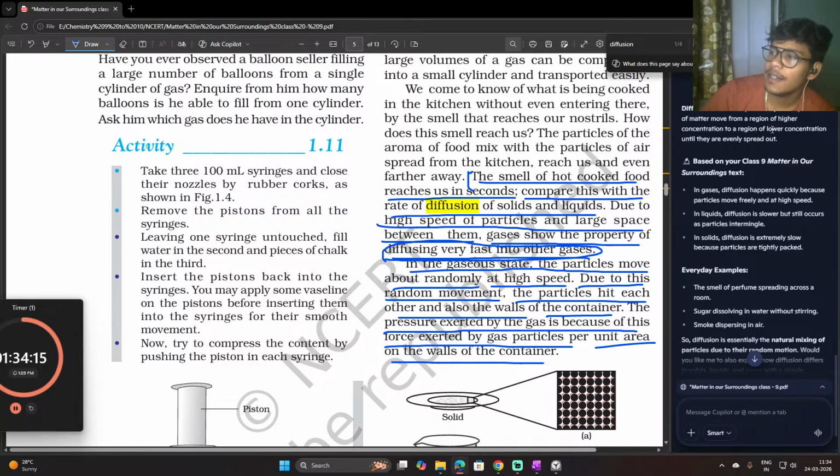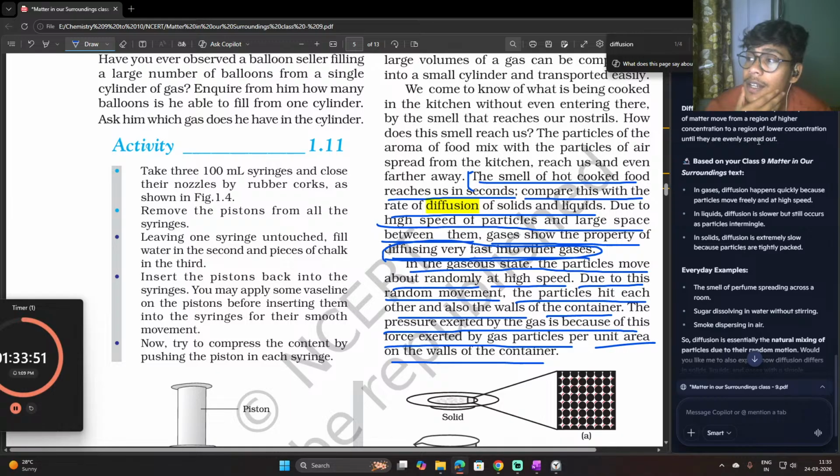So they are saying that diffusion means the particles of matter move from one region to another very fast, from higher concentration to lower concentration, until they are evenly spread out.